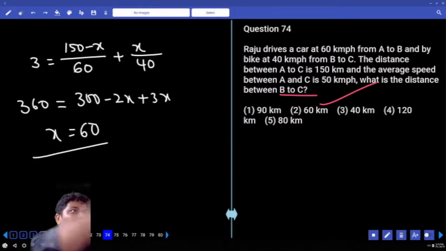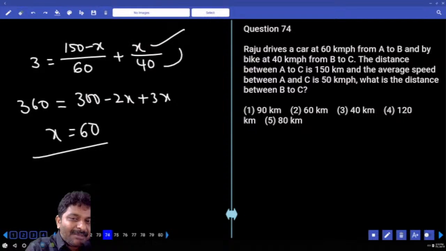If X is in the numerator, it should be a multiple of 40, right? Let me take 40 because that is there in the options. If 40 is not there in the options, what is the fun in verifying the equation with 40?